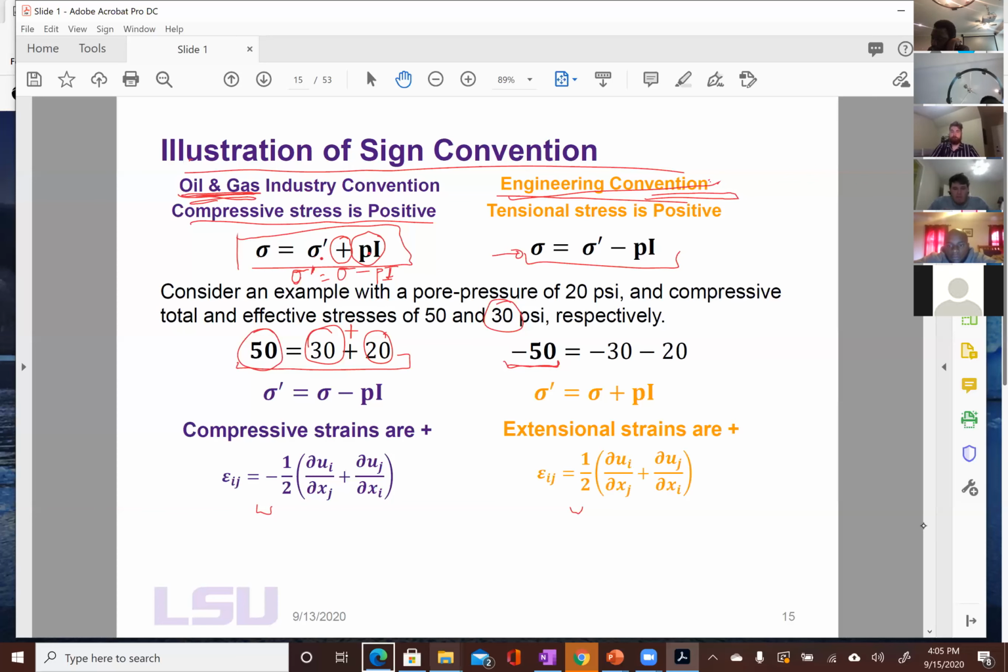This is where it gets interesting. So engineering convention, tension is positive. So compression is negative. So I want to model the same system, 50, 30, 20. So I need to do minus 50, right? Like I said, because it's compressive. Tension is positive. Same here. Those are pretty straightforward. This is where it starts to get tricky because you can be thinking pressure is compressive, so I put minus in front of it.